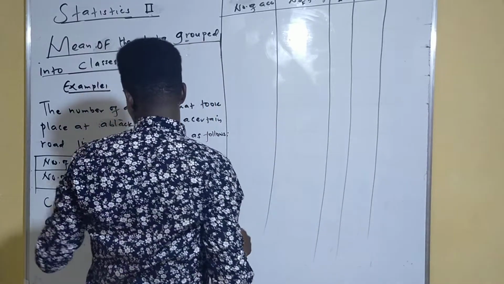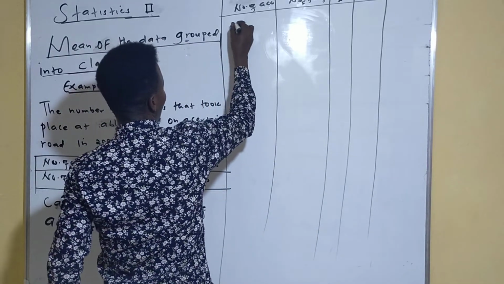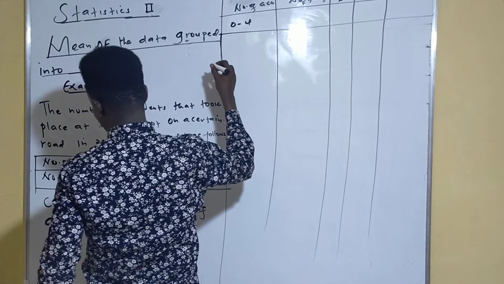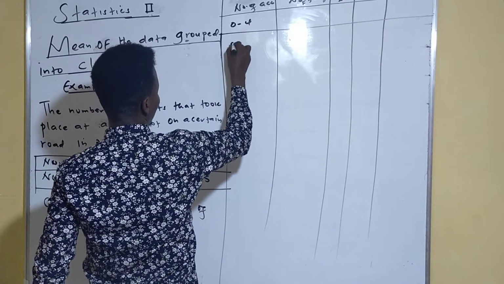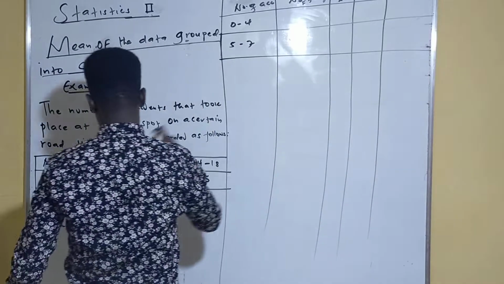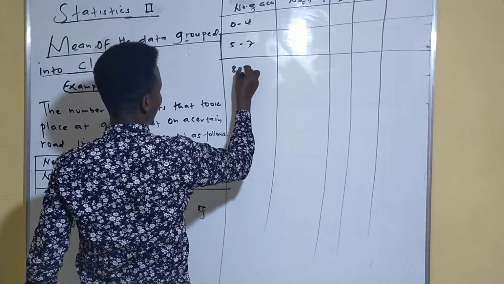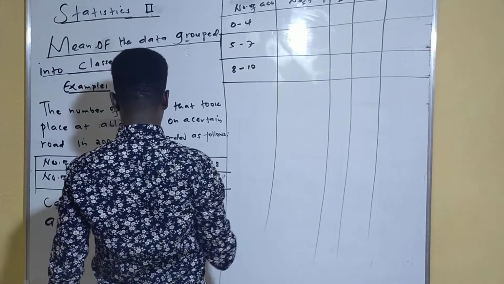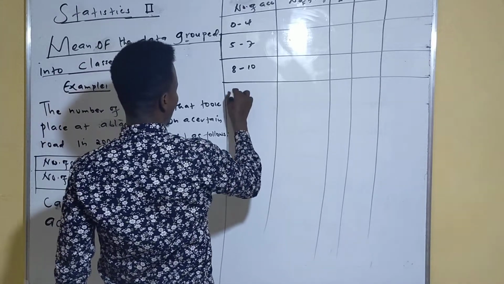So what I will do is I have here 0 to 4. Then close this line. Then I'll have 5 to 7, then 8 to 10, then 11 to 13.